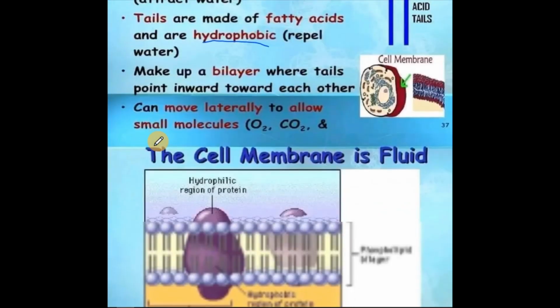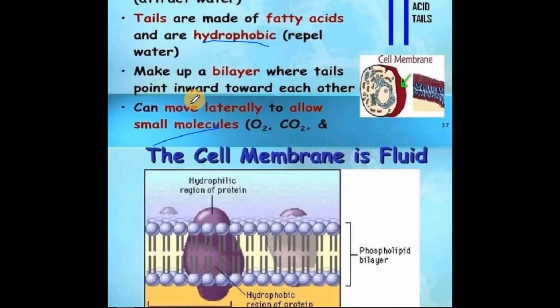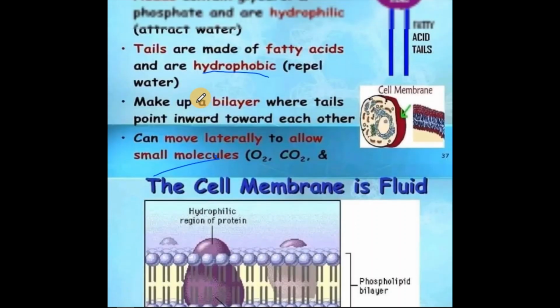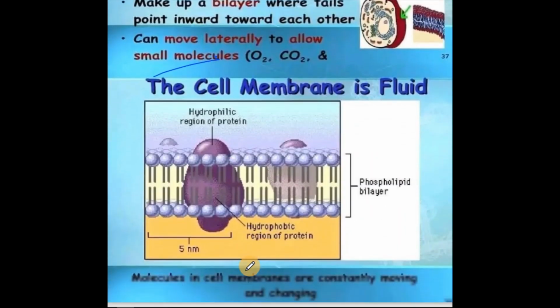They make up a bilayer where the tails point inward towards each other. So for the bilayer as seen here, the tails of the phospholipids point inside toward each other, while the heads point outside. This arrangement is very important because the tails create a hydrophobic environment where the proteins can embed, or where insoluble substances can be transported across.